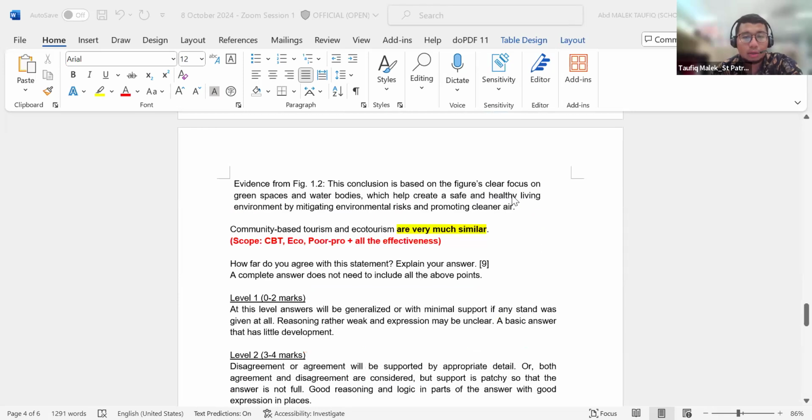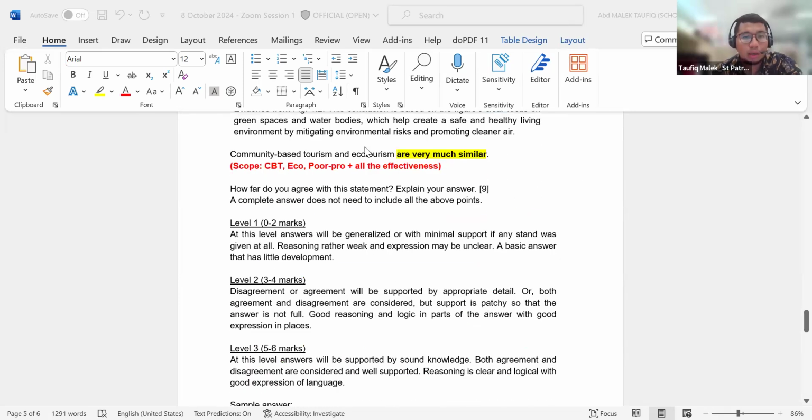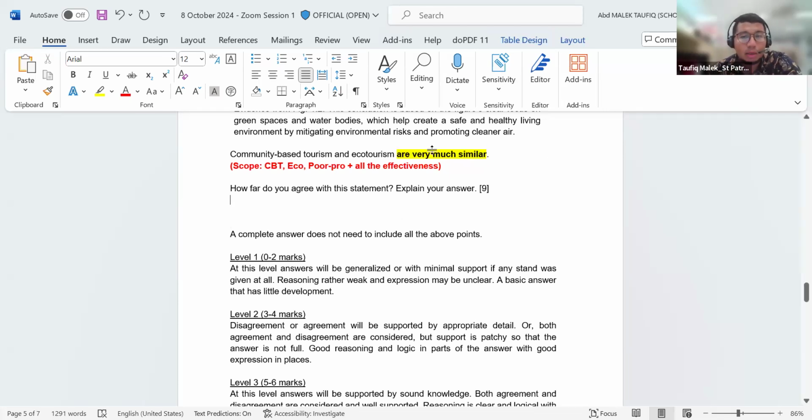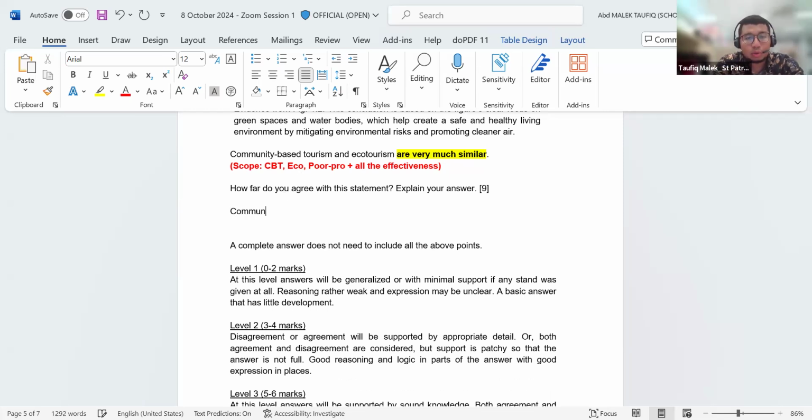So the next one is the biggest question. Okay. So community-based tourism and ecotourism are very much similar. So how far do you agree with this statement? Explain your answer. Okay. So for this question, it can be this way, or it can also be community-based tourism and pro-poor tourism are very different from each other.